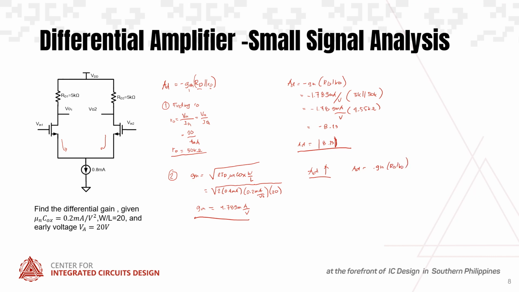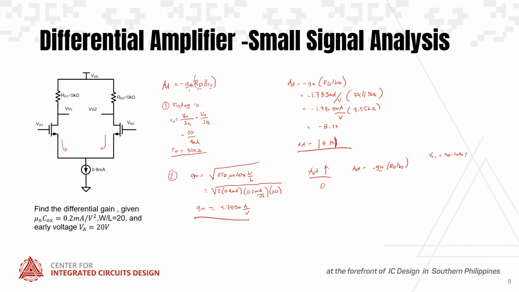In order to increase our AD, first, we can increase RD. But the con here, if we increase RD, we all know that VO1 is equal to VDD minus ID RD, right? So if we increase RD here, our VO1 will get smaller.